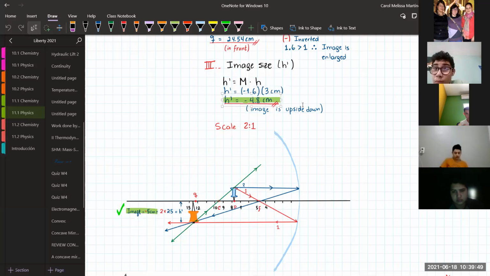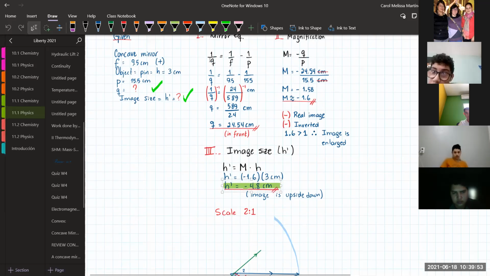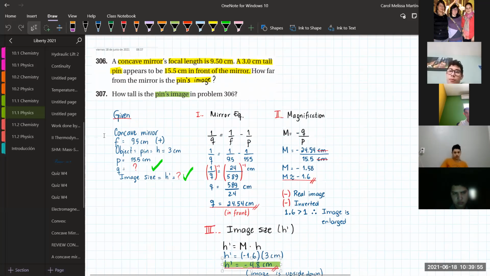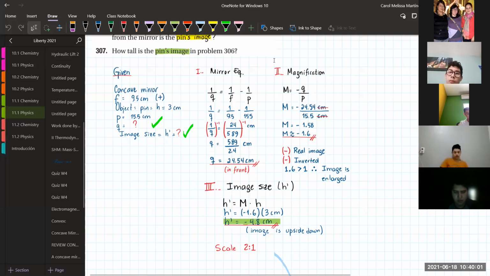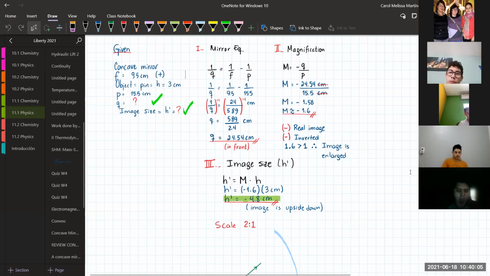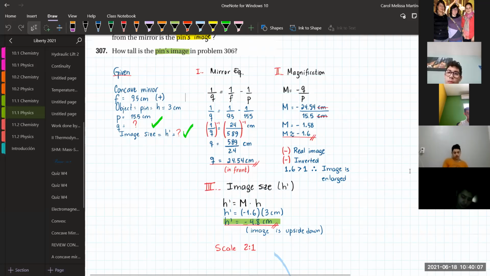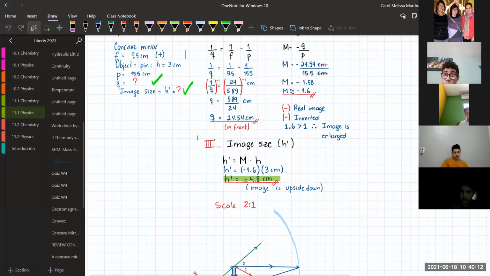So as a review, remember to use all formulas. Remember that concave mirrors have positive focal length, convex mirrors have negative focal length, and remember to apply the mirror and magnification formulas in case the problem asks you for the image size or the object size. You can use isolations from magnification.